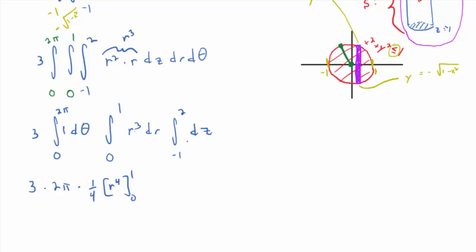Then what about this one? That's z, evaluated from negative 1 to 2, so you just plug in those, apply the fundamental theorem, and you get 2 minus negative 1, which is 3. So we get 6 pi over 4 times 3. But what is that? That's 3 pi over 2 times 3, or 9 pi over 2. There you go.